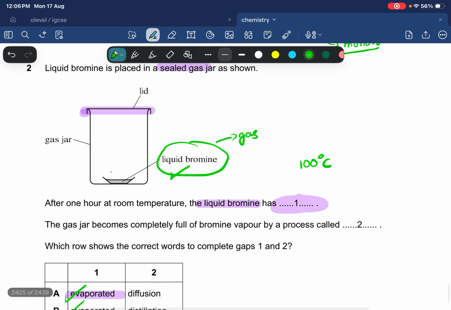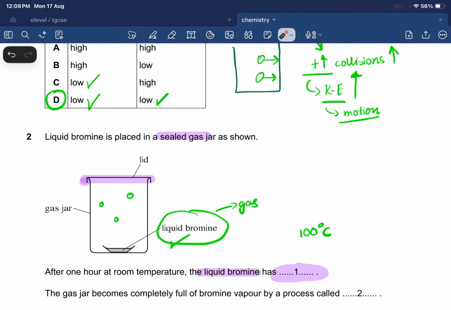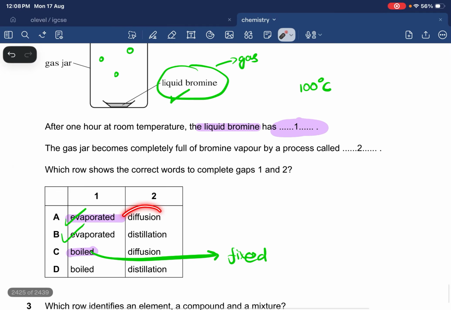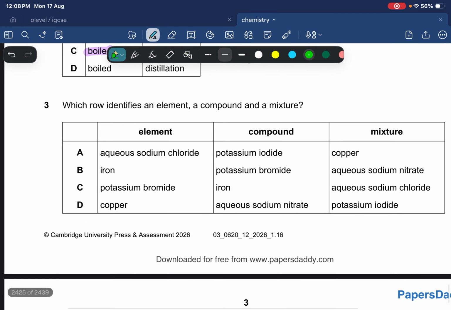The bromine vapor starts off from here and eventually spreads into the entire room, like this. This is diffusion. So it's going to be option A, evaporation and diffusion.